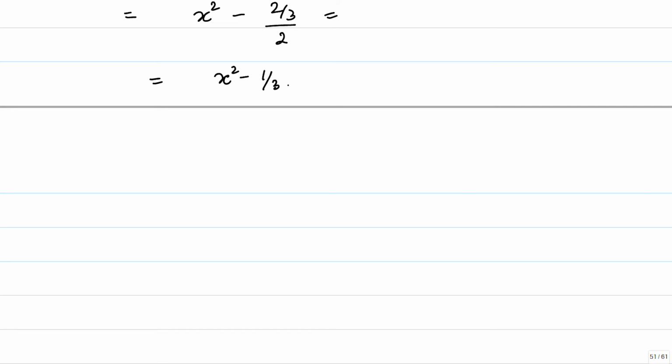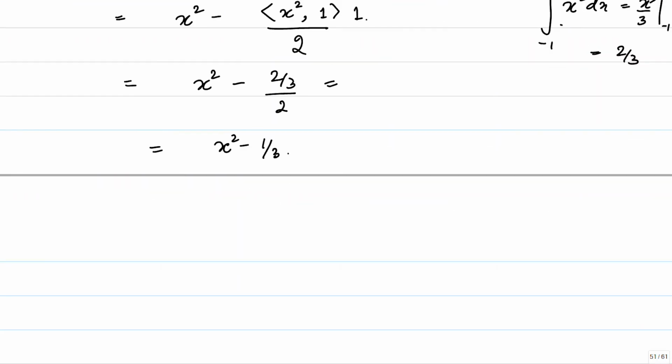So, yes, so we have W1 prime, which is W1 by the length of W1. This is just equal to 1 by square root of 2.